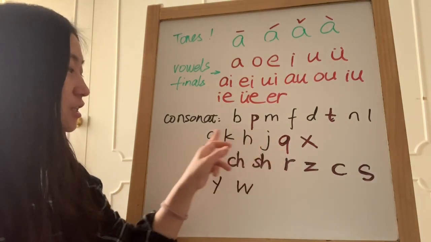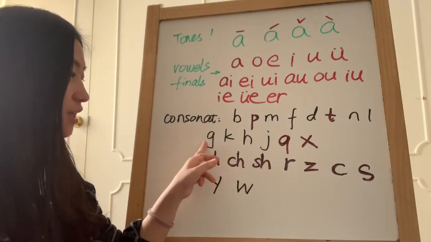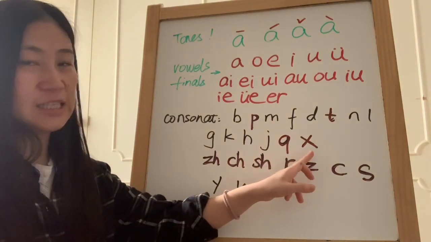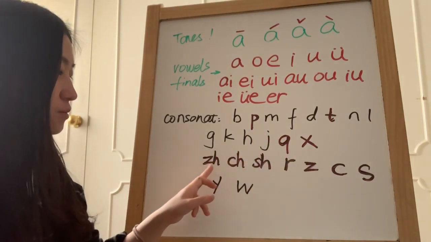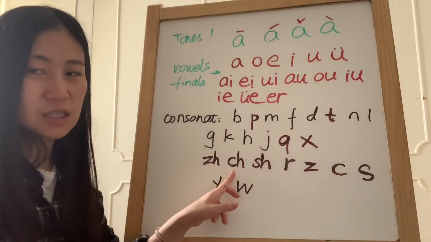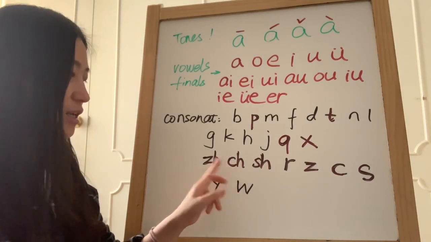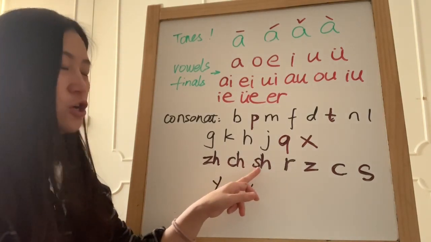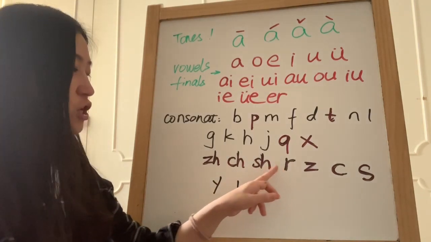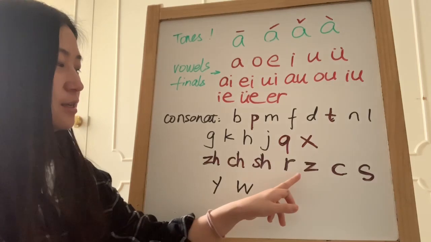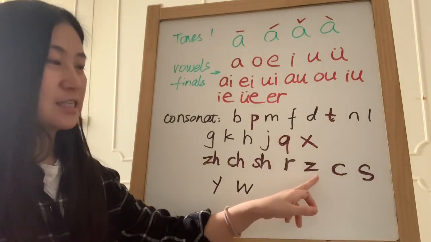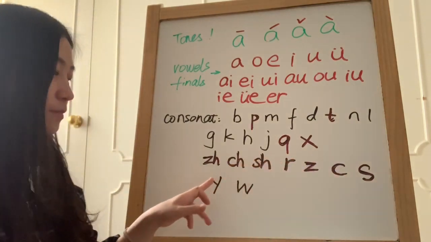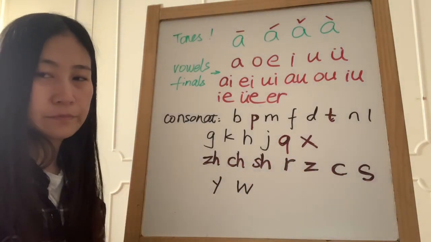Okay? G is this one. G and chi. Chi, shi. And this one is not chi, this one is ch. J, ch, sh, r, z, c, s, i, u.